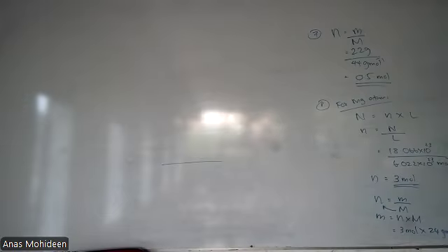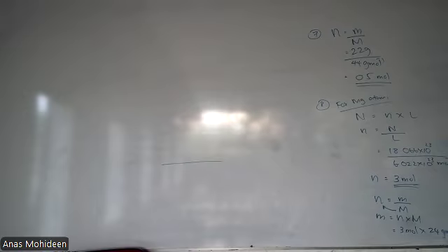Question now: find the total number of atoms. Now, it is carbon dioxide and CO. First, I want to find out the number of carbon dioxide molecules. Clear? What is the formula? Moles into Avogadro number. How many moles are there? 3 moles, into 6.02 into 10 to the power 23.